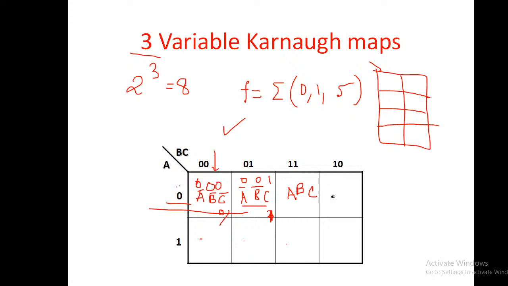Then you have this a value is 0. What is the value of this? It will be like this will be 0 1 1. That's why you have the a bar b c, okay? So then you have what is 0 1 1? It will be 3. Okay, and then you have 0 1 0. This will be a bar b c bar, so this will be 2, right?